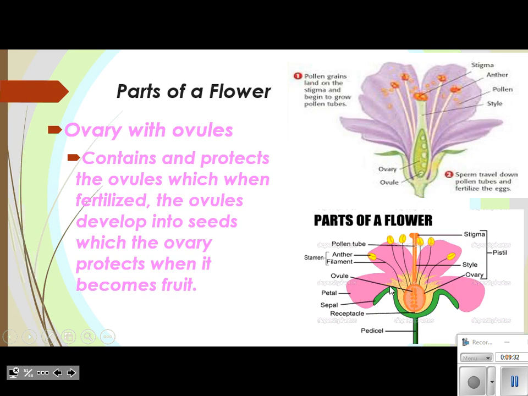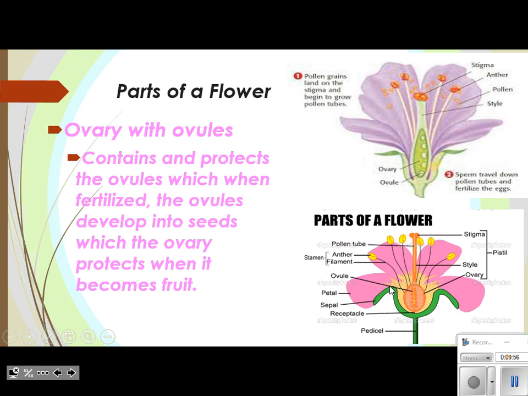Okay, here is the next part of the flower that we were just talking about. The ovaries, okay? The ovaries have ovules in them. So the ovaries contain and protect the ovules, which become fertilized by the pollen.